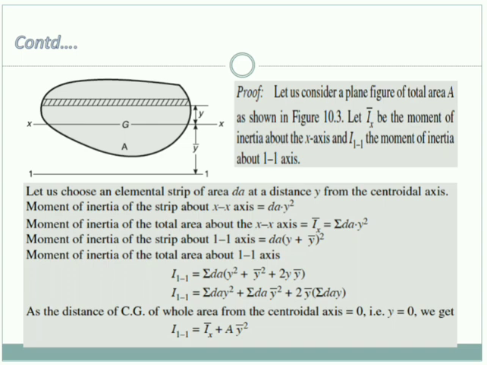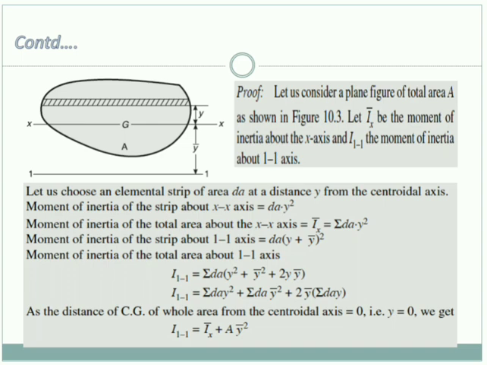Therefore, when we open the bracket and expand, I11 is equal to summation dA y square plus summation dA y bar square plus 2 times y bar into summation of dA into y.